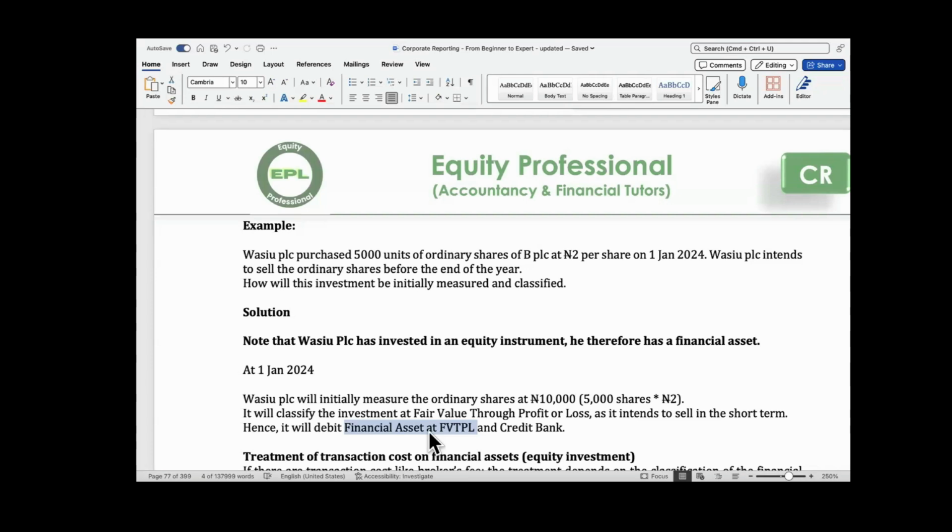But what the standard said is, if you are not sure whether you're holding it for the short term or for the long term, if you don't have sufficient information, the standard said that you should assume it's for the short term or for trading, and you should classify it at fair value through P&L. So note that, please.